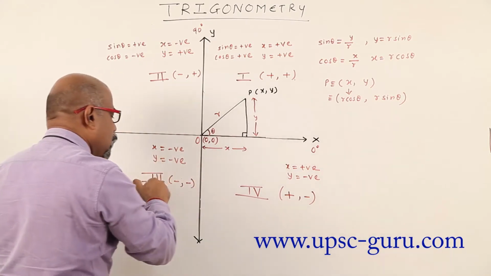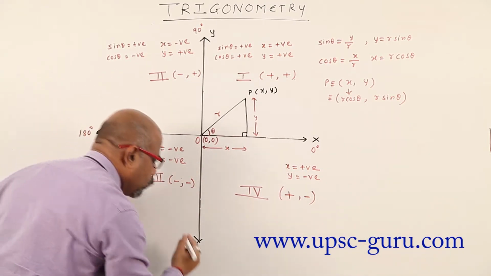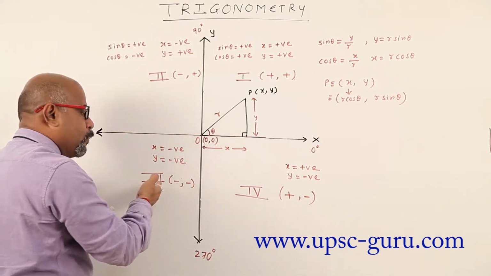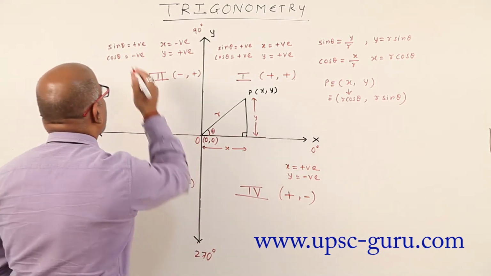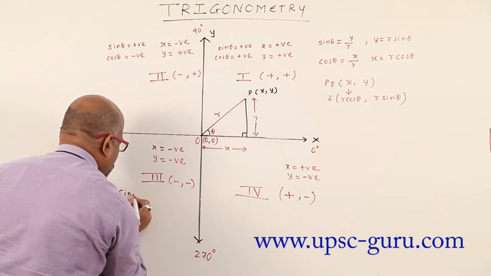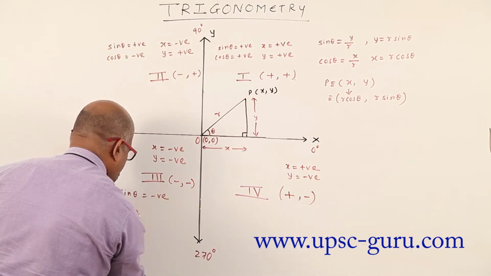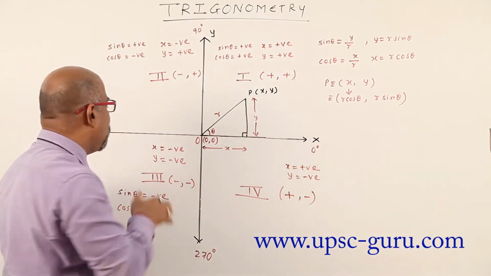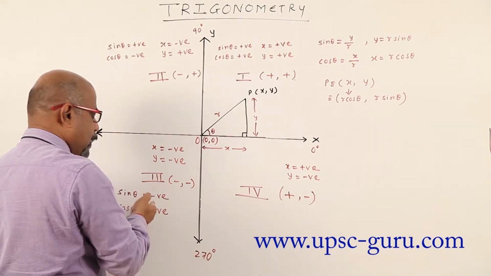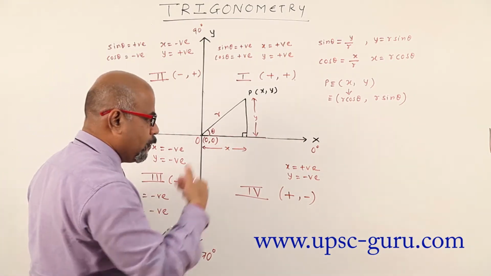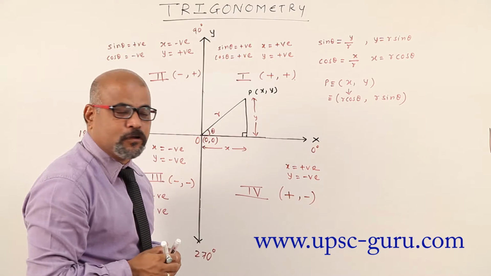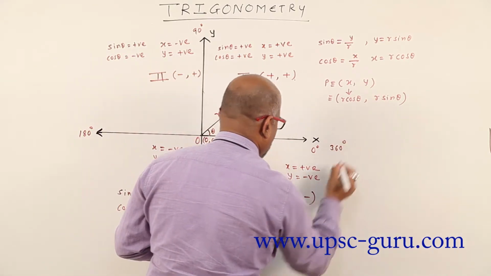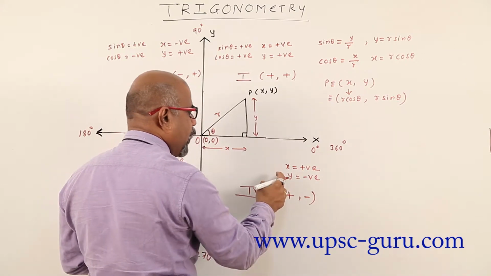When we move towards the third quadrant, that is between 180 degree to 270 degree, let us check what result we get. In the third quadrant both x and y are negative, therefore sin theta is negative, and values of cos theta are also always negative. That means when your angles are between 180 to 270, sin is negative, cos is negative. When we move further towards the fourth quadrant, that is 270 degree to 360 degree, we have x positive and y negative.